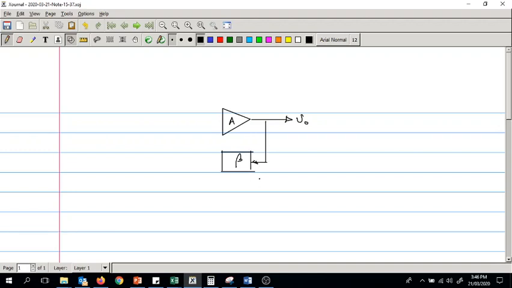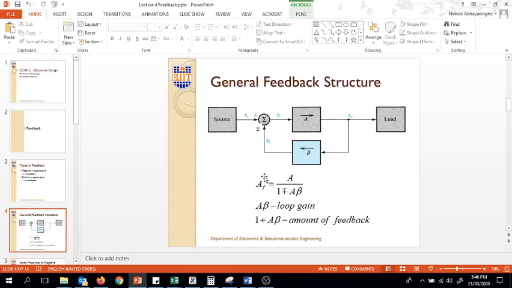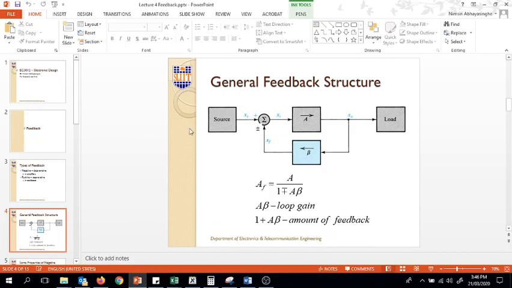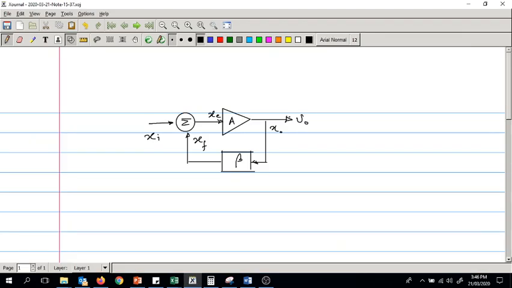This is V out, and we have the summation point, either plus or minus. This is the adder, and let's label this as X out, and we get the feedback version XF, and XE is the error, and this is our XI, or the input VI. So let's label using X's.